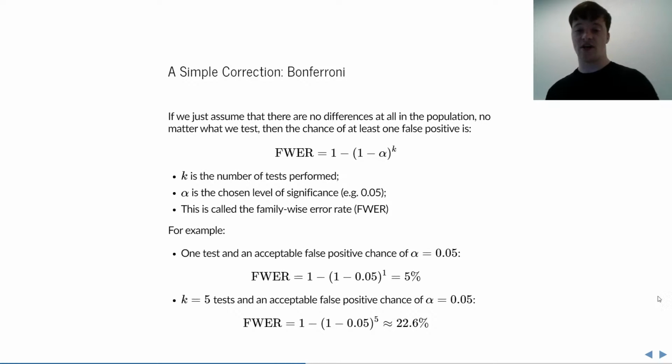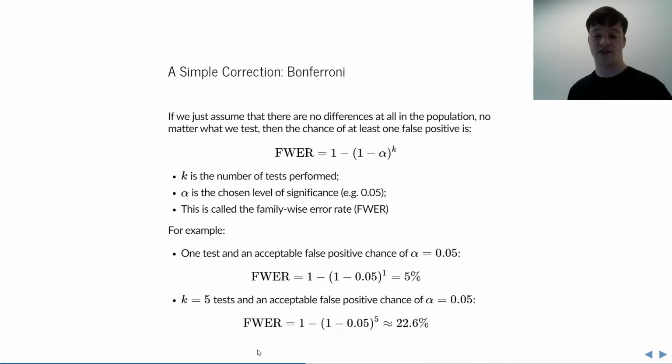Okay, to be precise, the chance of at least one false positive among k tests is equal to this: 1 minus (1 minus alpha) to the power of k. So here, k is the number of tests, alpha is the agreed upon maximum chance of a false positive. So if you work with p-values lower than 0.05 as significant, then alpha is 0.05.